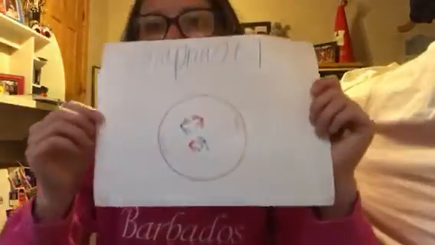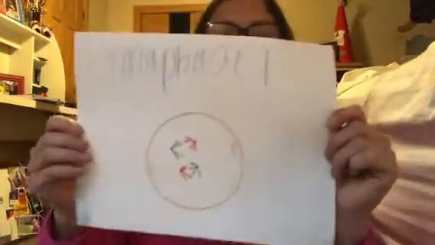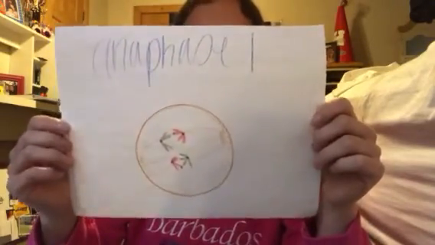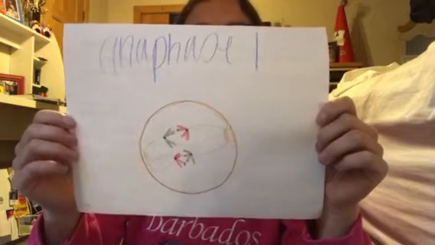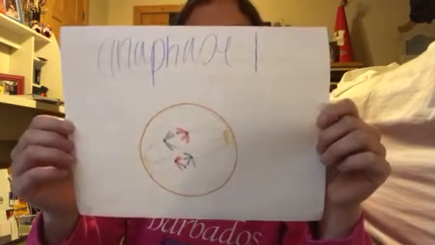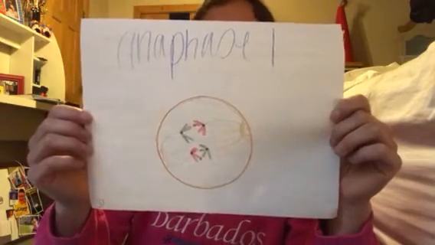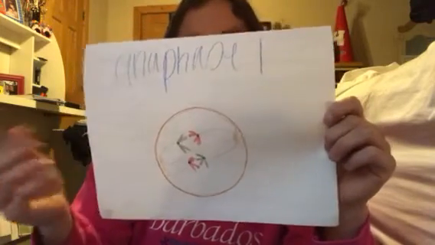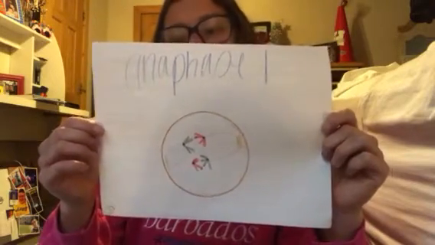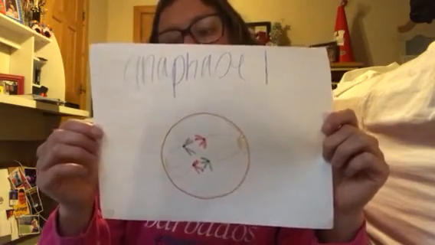So the next one is anaphase 1. At the beginning, members of each pair of homologous chromosomes separate from each other and start migrating toward opposite spindle poles, pulled by kinetochore microtubules. The difference between anaphase 1 and mitotic anaphase is, once again, that in anaphase 1 it's the bivalents that are being separated, whereas in mitotic anaphase it's the sister chromatids.